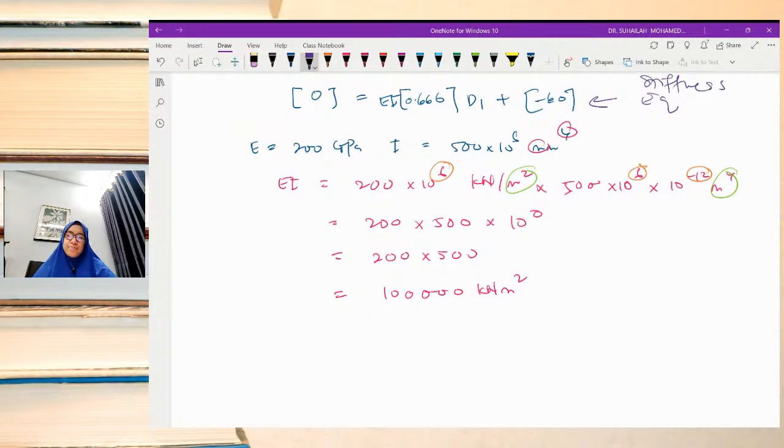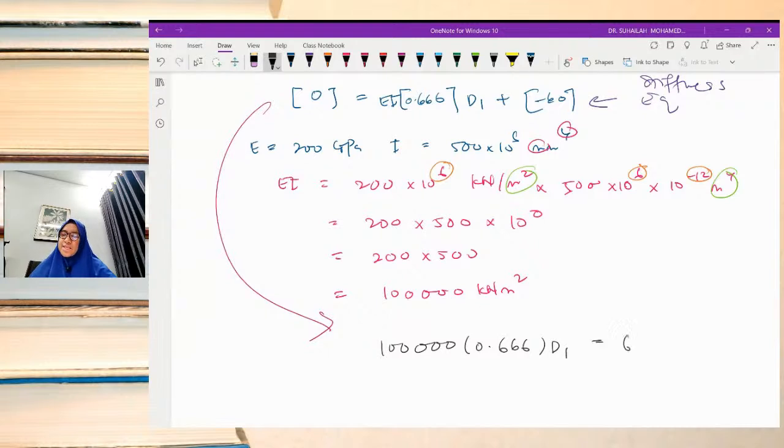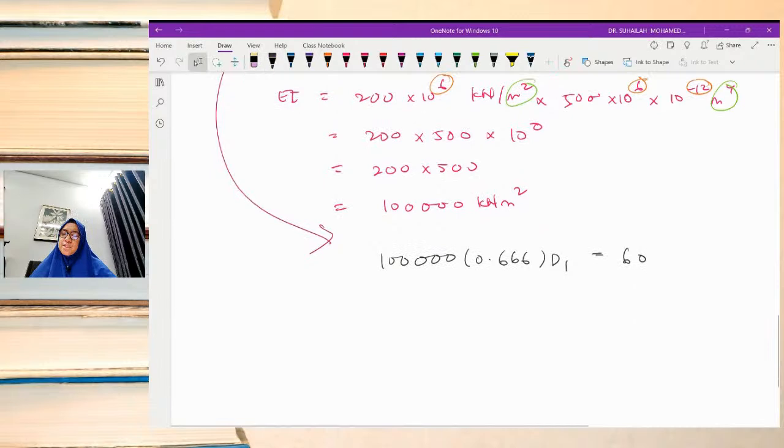we will solve. So what we get is 200 times 500, that is 100,000, times 0.666 D1 equal to 60.